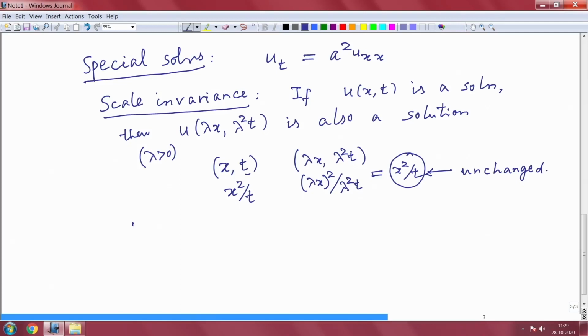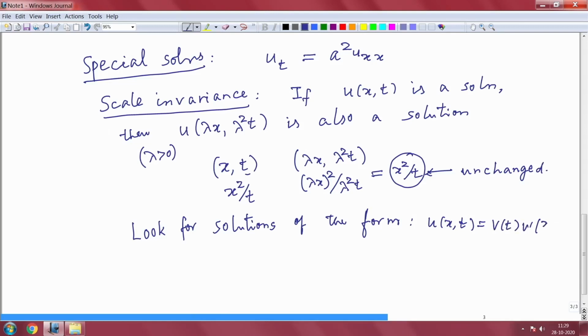So, look for solutions of the form u(x, t). We can even put an additional thing here. So, just put w(t) v(x²/t).